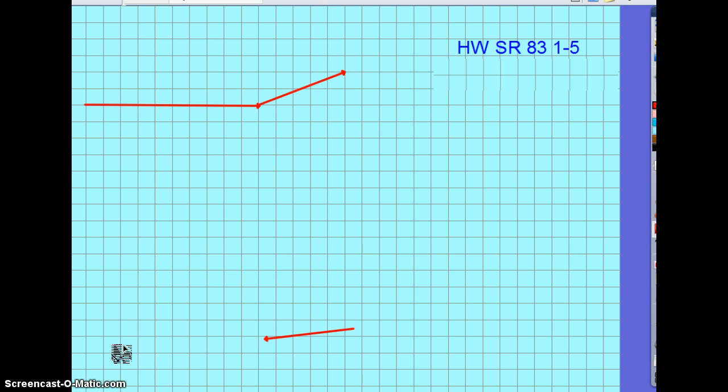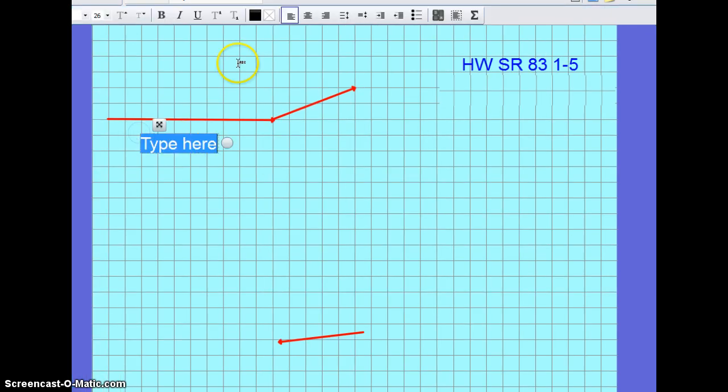Number 2 can be rather troubling for some people, and that's understandable. You've got a roller coaster. The roller coaster travels 85 meters horizontally, and then it angles up at 30 degrees for 45 meters. So there's 45 meters, there's 30 degrees.